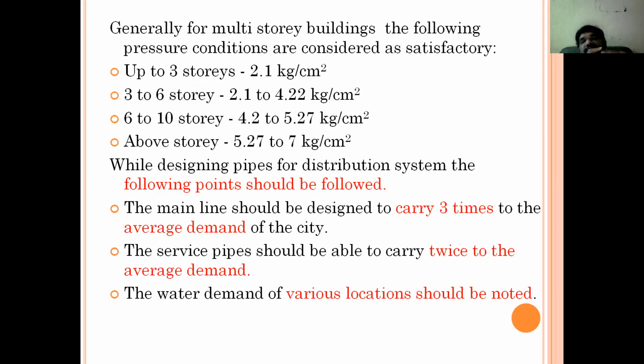See, generally, for multi-story buildings, what are those pressure conditions considered satisfactory? See here.